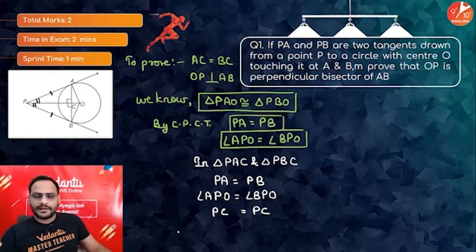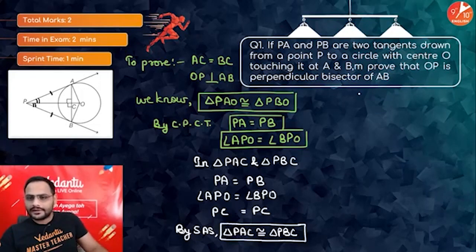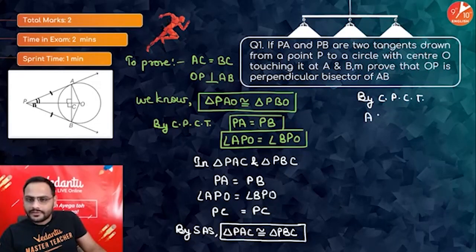So by side angle side rule, triangle PAC is congruent to triangle PBC. And if these two triangles are congruent, by CPCT, corresponding parts of the congruent triangles, I can say first thing, AC and BC will be equal.